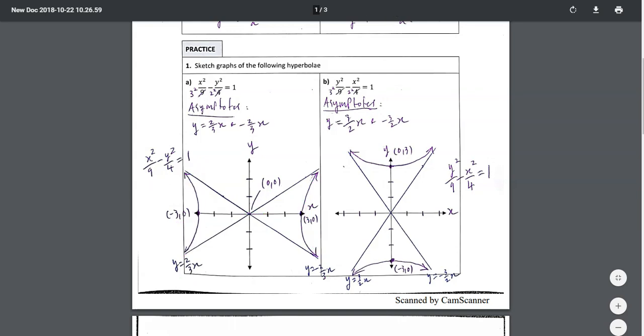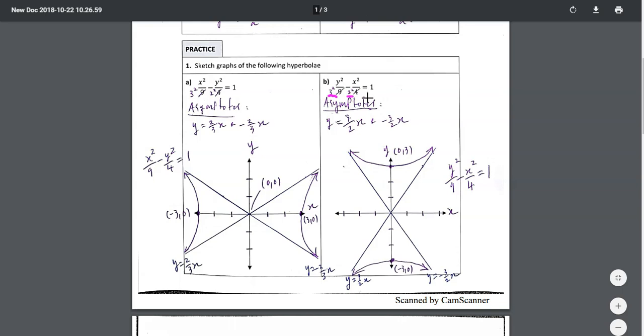Okay, let's look at question B now. The first thing we notice here is that we have a y squared minus an x squared term, which means we're going to be oriented this way with our graph, all right? Now, the equation for the asymptotes is the same, plus or minus b over a, where b is the thing that is squared in the denominator of the y squared term, and a is the thing that is squared in the denominator of the x squared term.